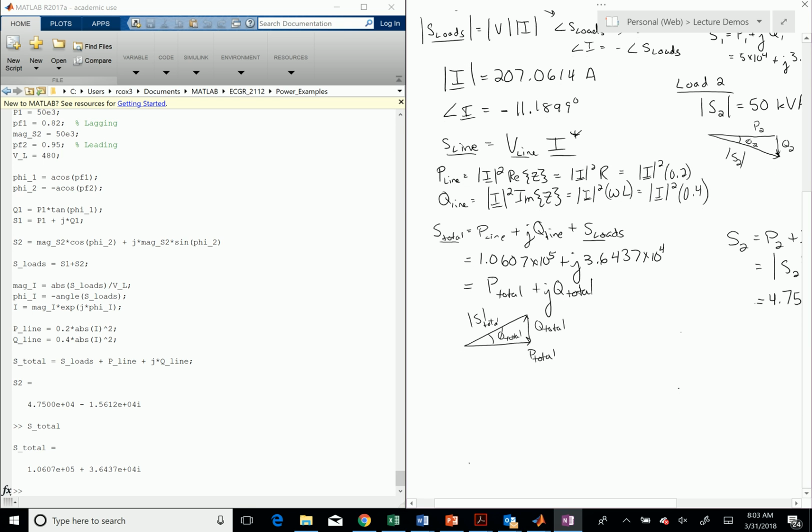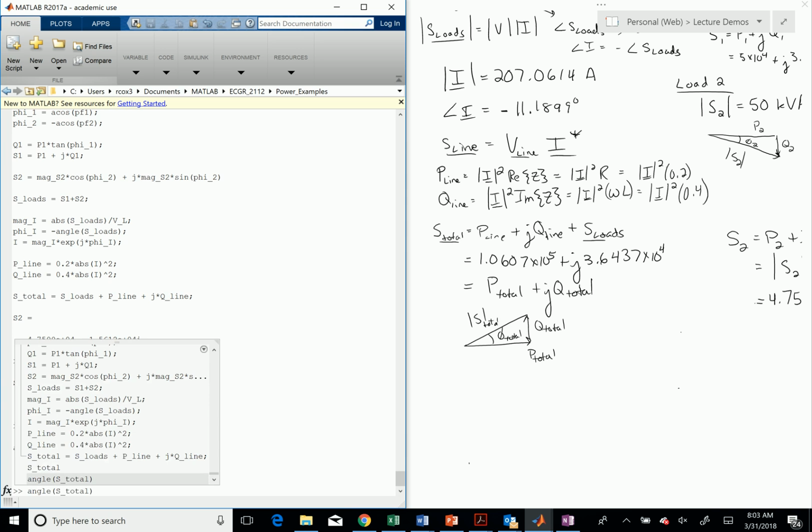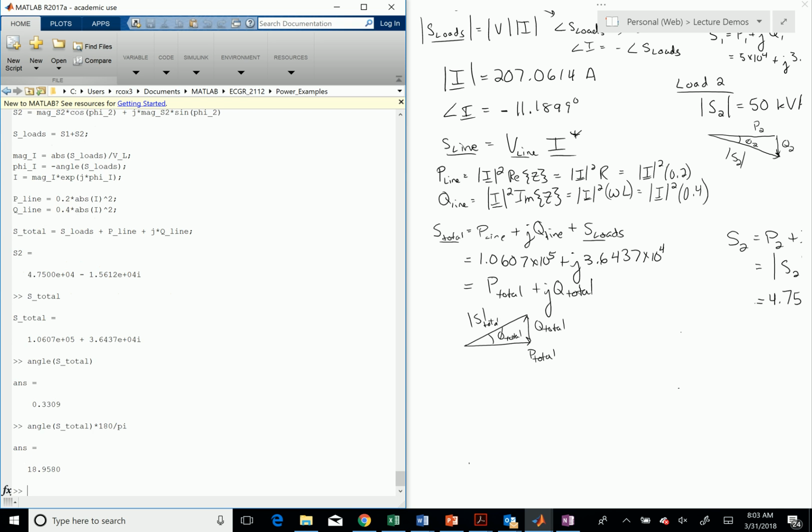All right, so go through the math right here, and I can say, what's the angle of this vector? The angle of S total, again, that's going to be in radians. I multiply by 180 over pi, so I see 18.958 degrees.